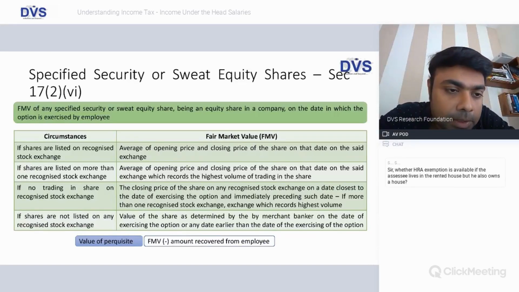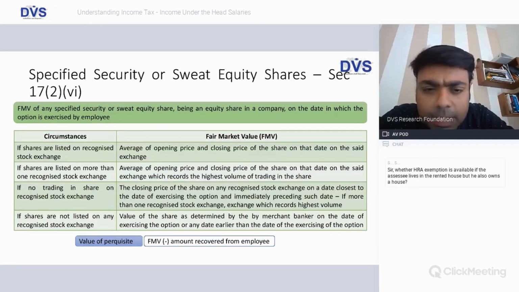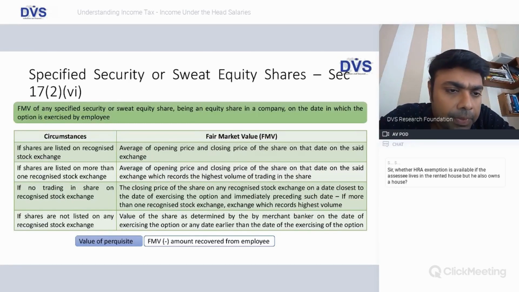So, what are the circumstances? The challenge when it comes to valuation of perquisite here is, how do I value the fair market value of shares? If the shares are listed, it is fairly straightforward. It is the average of opening and closing price on that date in the exchange. If it's listed on more than one, you take the exchange in which the volumes are high.